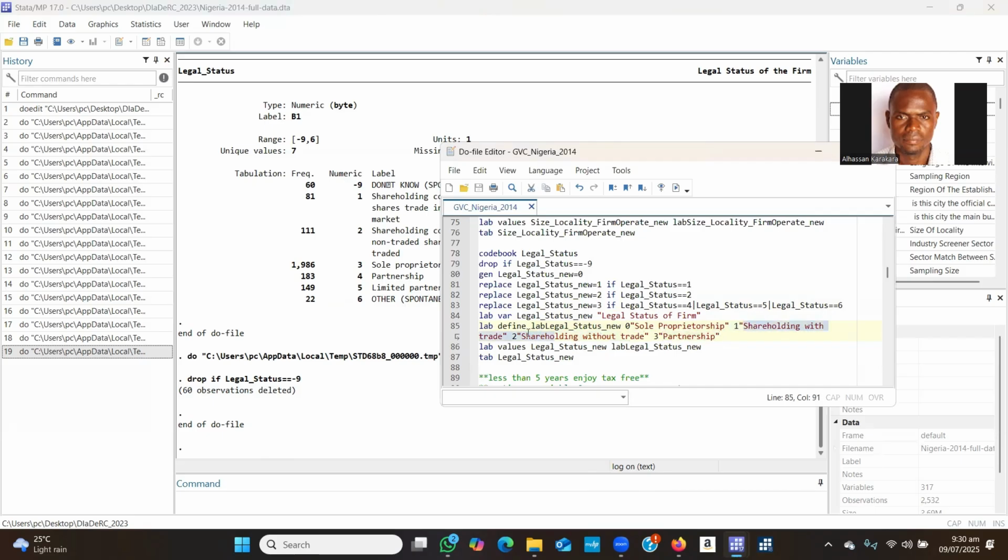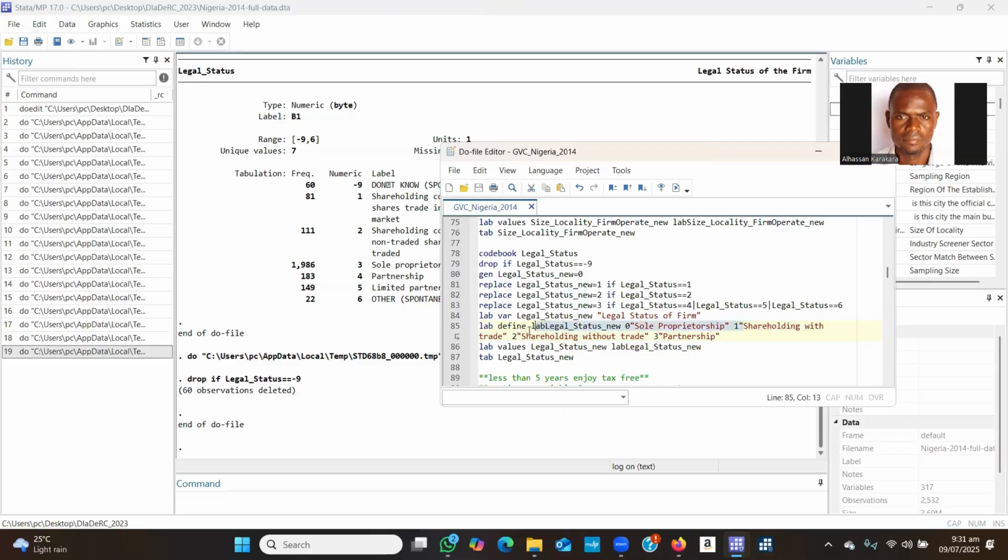I decided to separate shareholding with trade and without trade because a firm with shareholding that is traded could easily mobilize funds to boost their capacity and, for that matter, increase productivity more than a firm without shareholding.